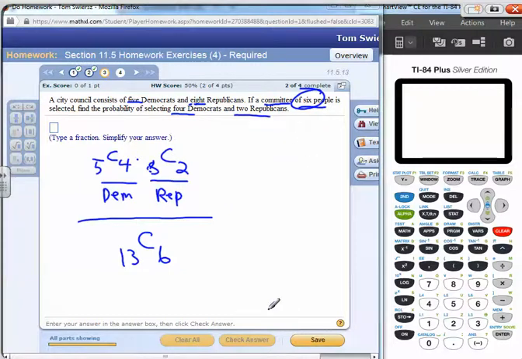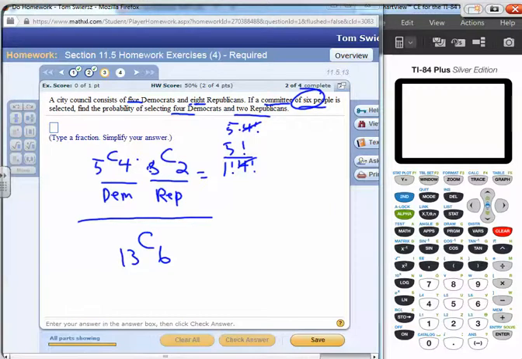That's pretty easy. 5C4 equals 5 factorial over 5 minus 4, which is 1 factorial, times 4 factorial. So this is just going to be 5 times 4 factorial, and the 4 factorials will cancel, so you'll just end up with 5 over 1, which is 5.